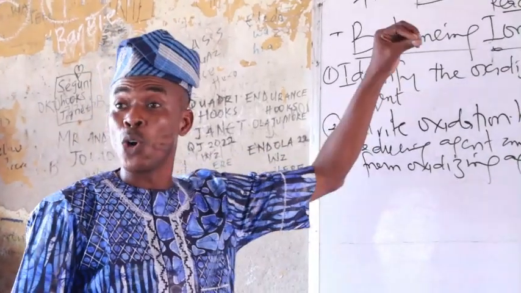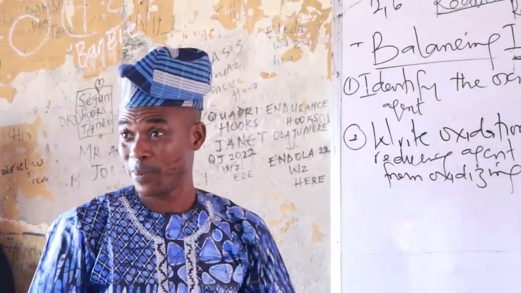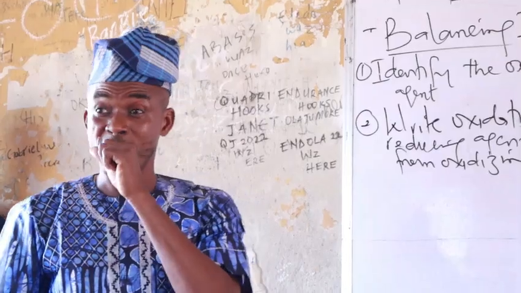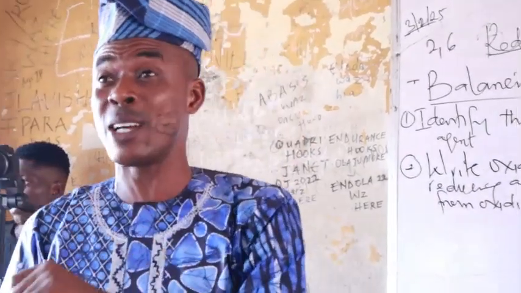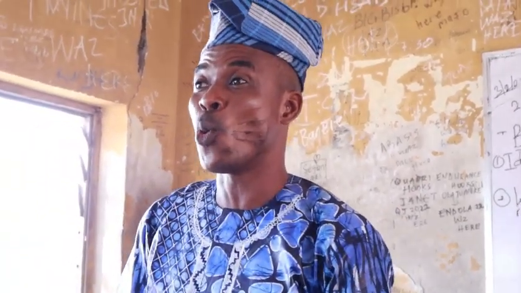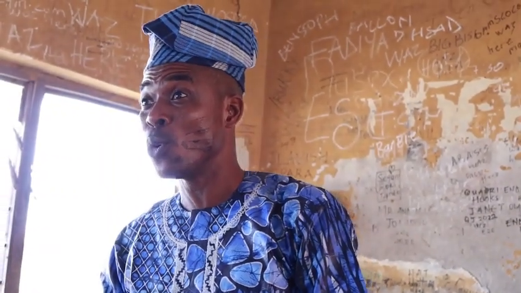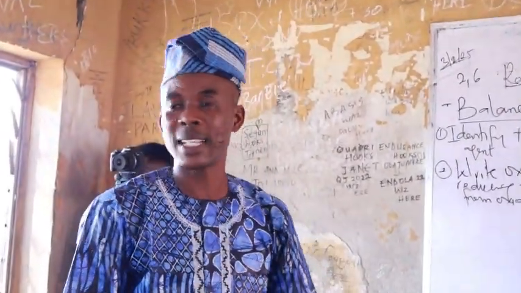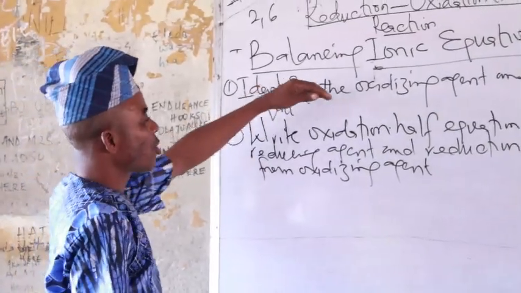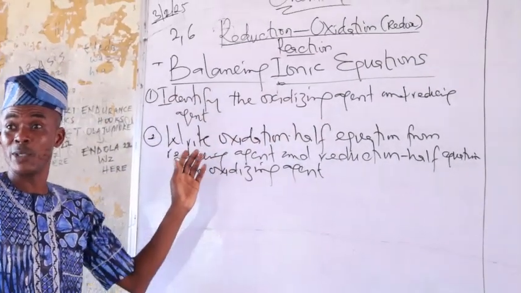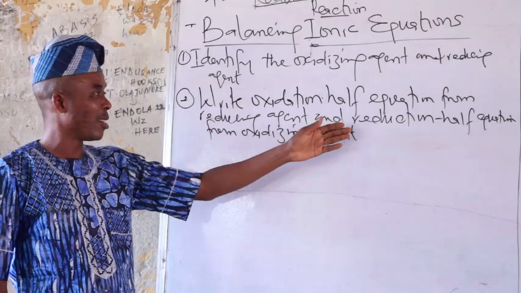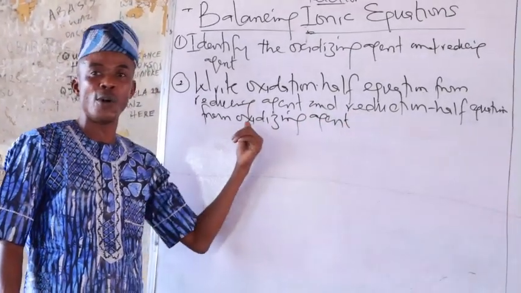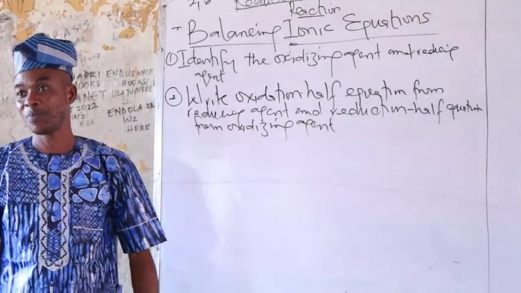Oxidizing agents will undergo reduction. Oxidizing agent will do what? Will undergo reduction, while reducing agents will undergo oxidation. And that is what I'm raising here. Write oxidation half equation from reducing agent, and a reduction half equation from oxidizing agent.